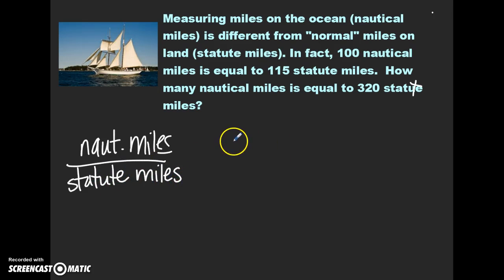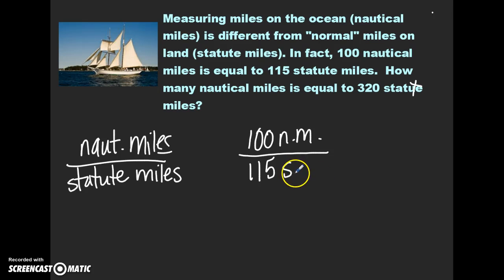Okay, so putting those two ratios into a proportion, my first ratio, I have this specific example where 100 nautical miles, and I'm just going to abbreviate NM, is equal to 115 statute miles.